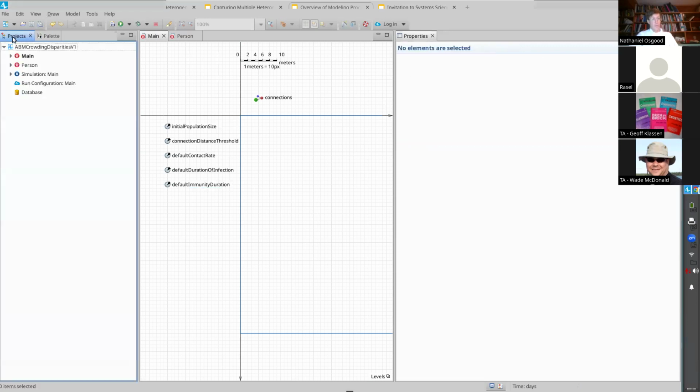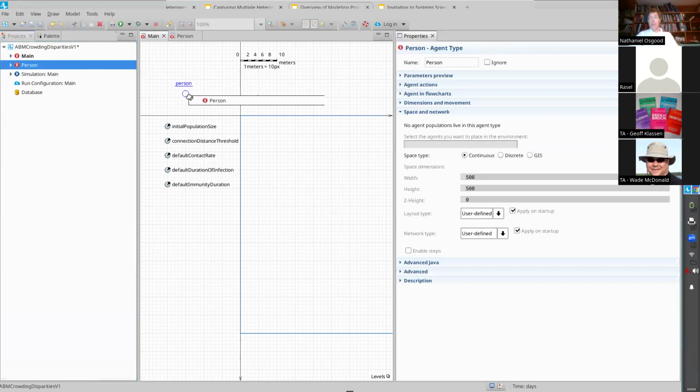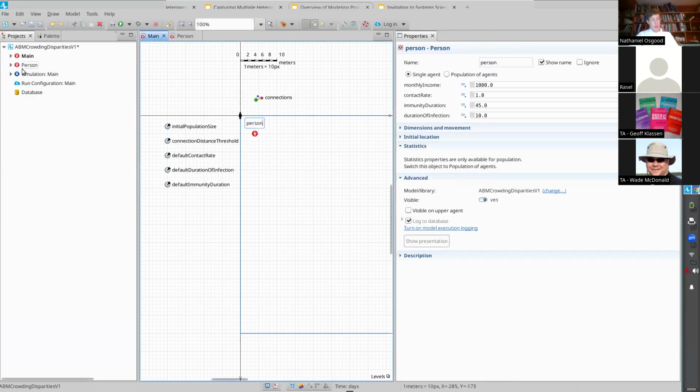Well, one way is you can drag in from the agent type whose population you want to create into the model. So from the projects, you go and you grab and you drag.